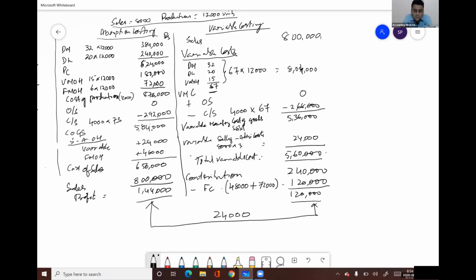Is that your closing stock correct? What is the closing stock? Is it 67? It is 67 only. 67 into 4,000 is how much? 28,000 only.